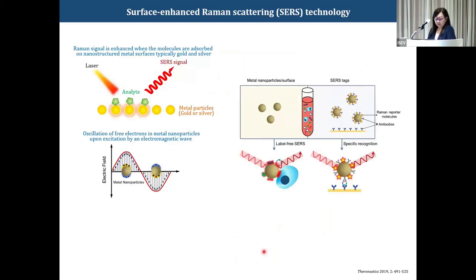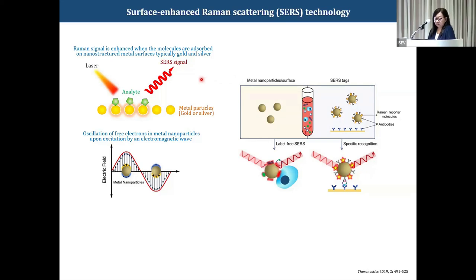The next method is surface-enhanced Raman scattering technology, as Anders mentioned before, which is a highly sensitive and specific way that enables simultaneous target detection. The Raman signals refer to the light that is scattered when a sample is irradiated with a light source.